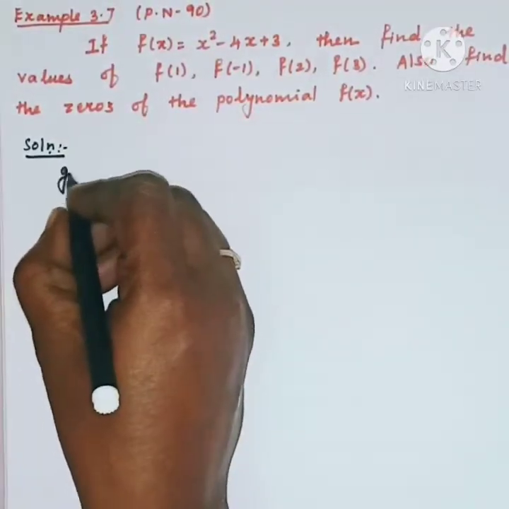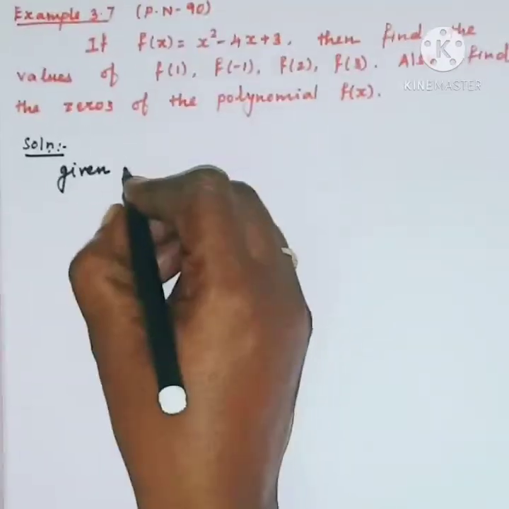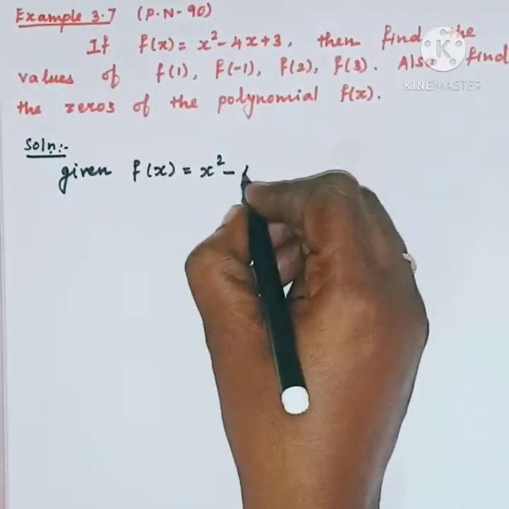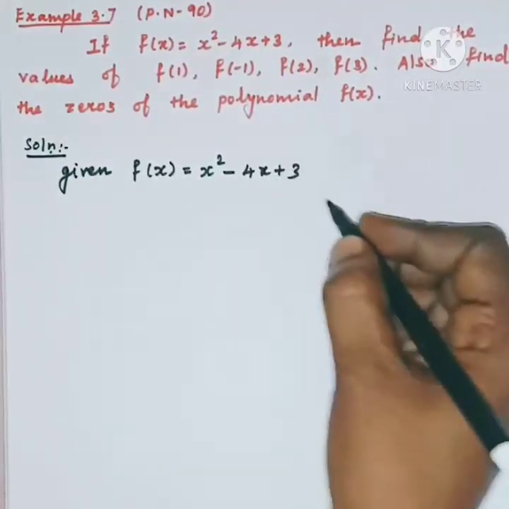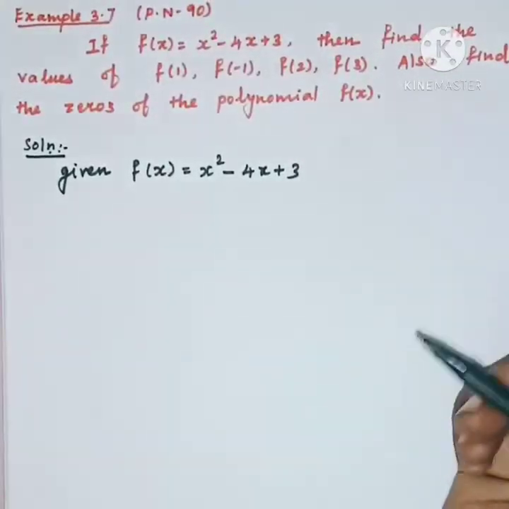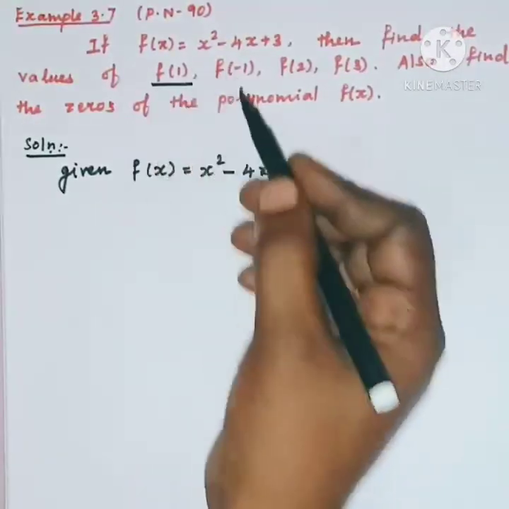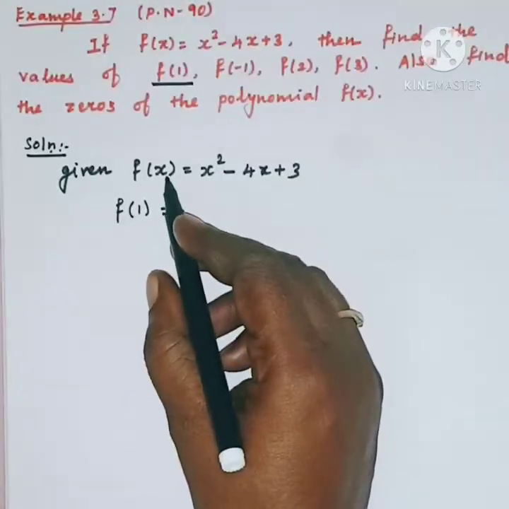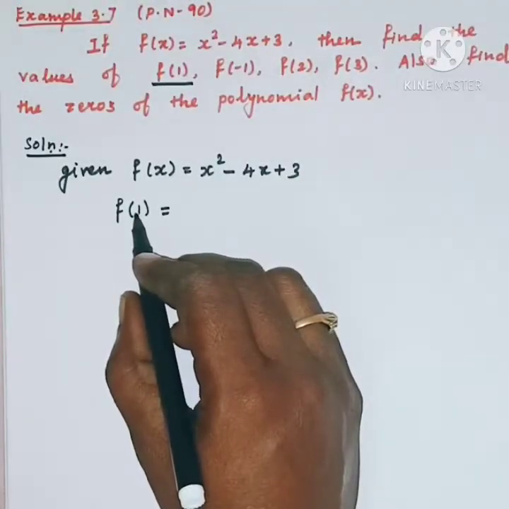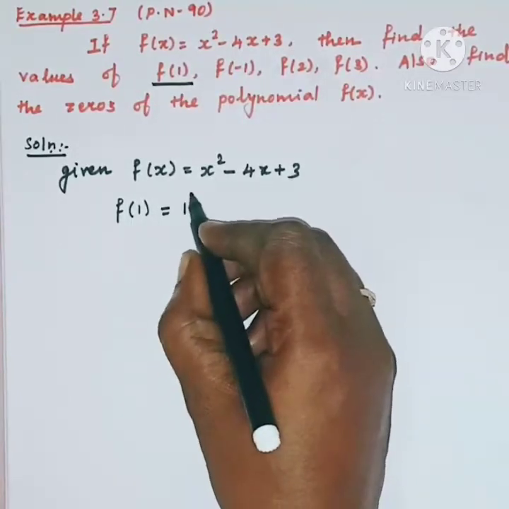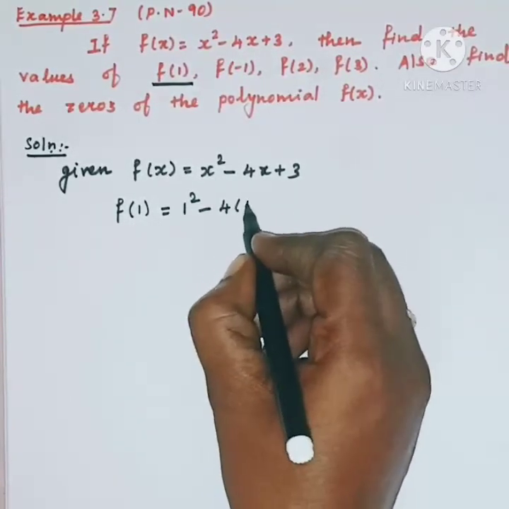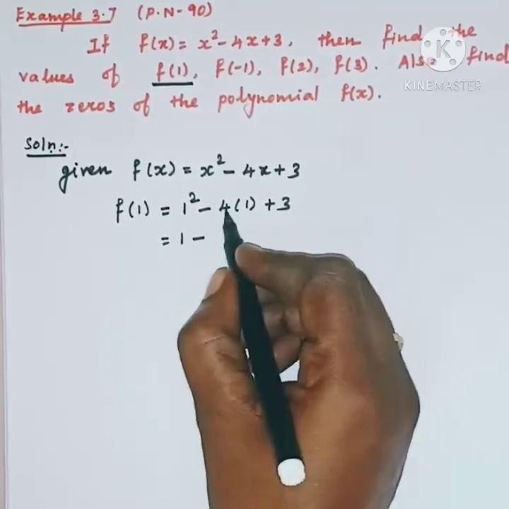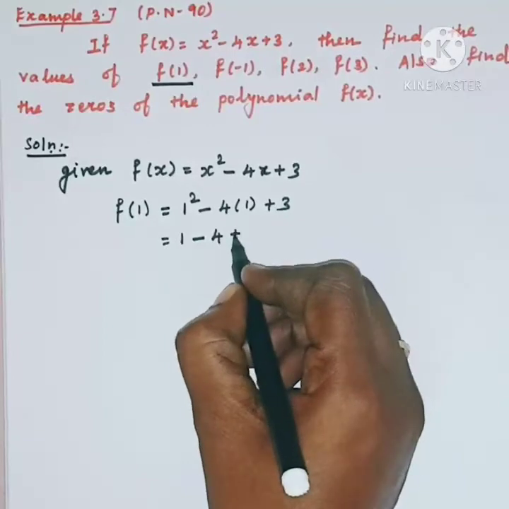Given the polynomial is f of x is equal to x square minus 4x plus 3. Now we have to find the value of f of 1. So f of 1 is equal to, instead of x we substitute the value 1. So 1 square minus 4 into 1 plus 3. 1 square is 1, minus 4 ones are 4, plus 3.